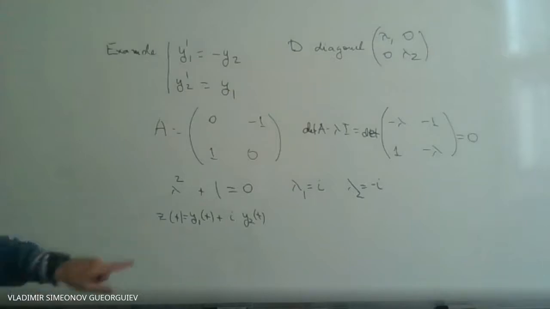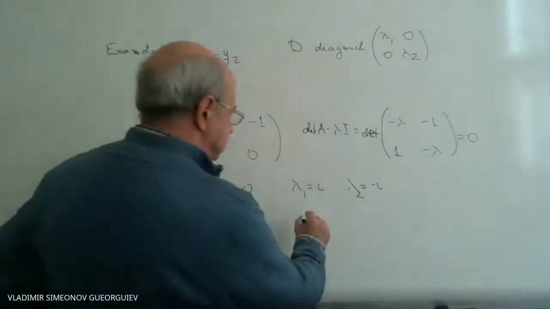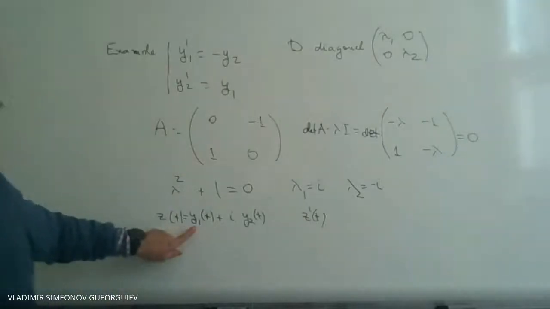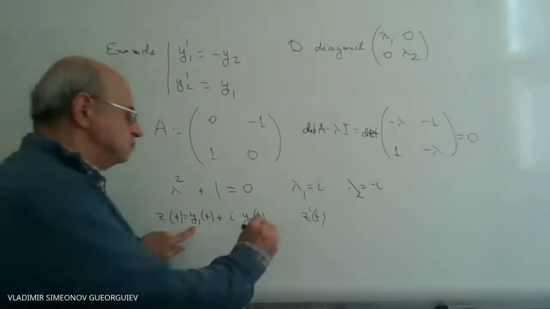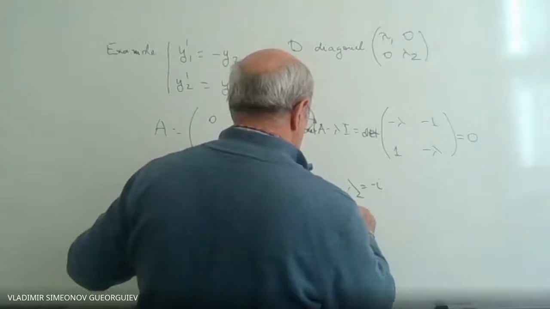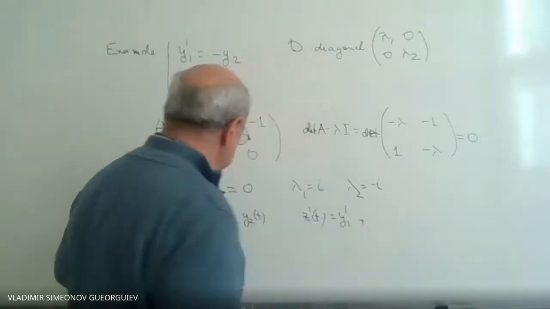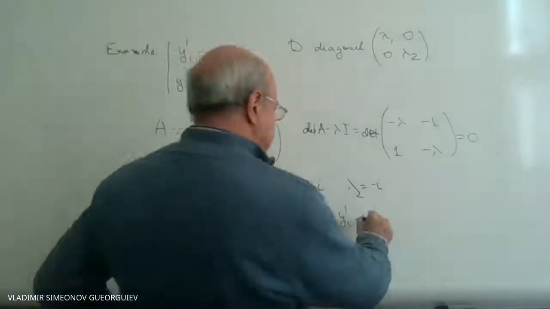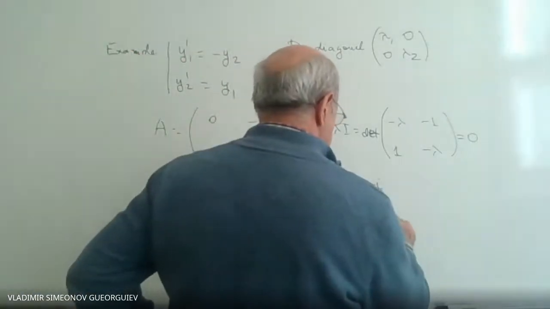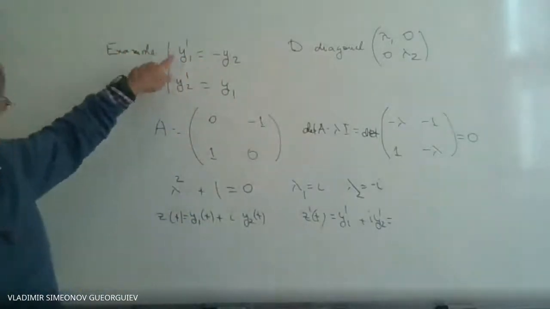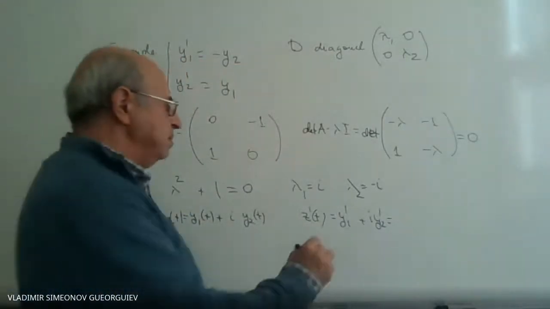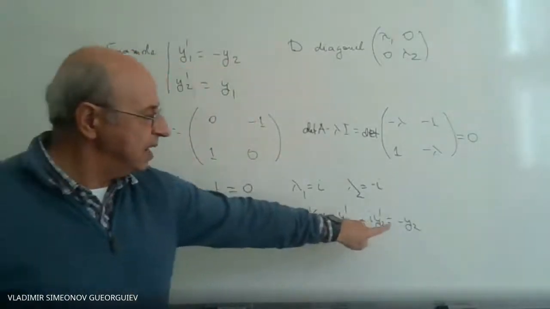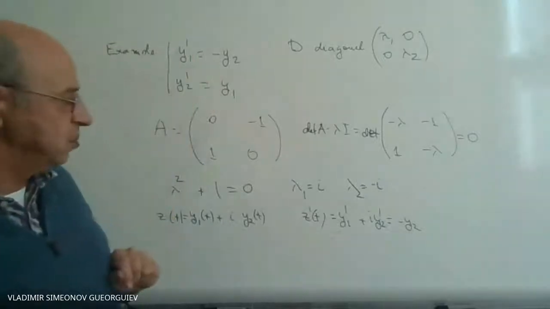Let us compute zeta prime of t. We said this is the derivative of epsilon1 plus I epsilon2 prime, where I is a constant, so we do not touch I. Now we can use our system: epsilon1 prime is minus epsilon2. Here I applied my first equation.